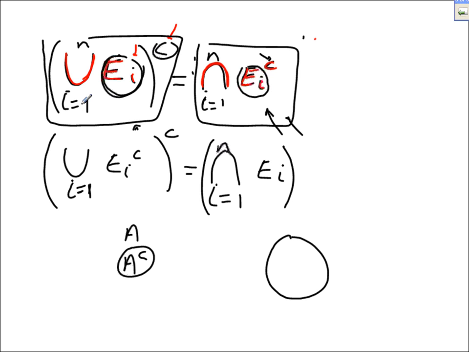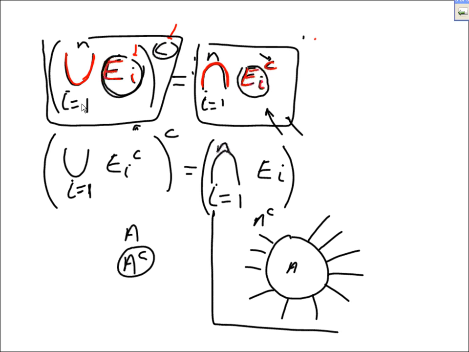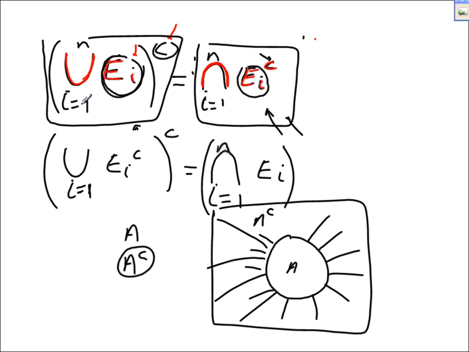If this is A, inside is A. So out here, that means not in A, out here is the complement. Let this be the universal set. So everything outside of A is called A complement. Well, the A complement is a set.